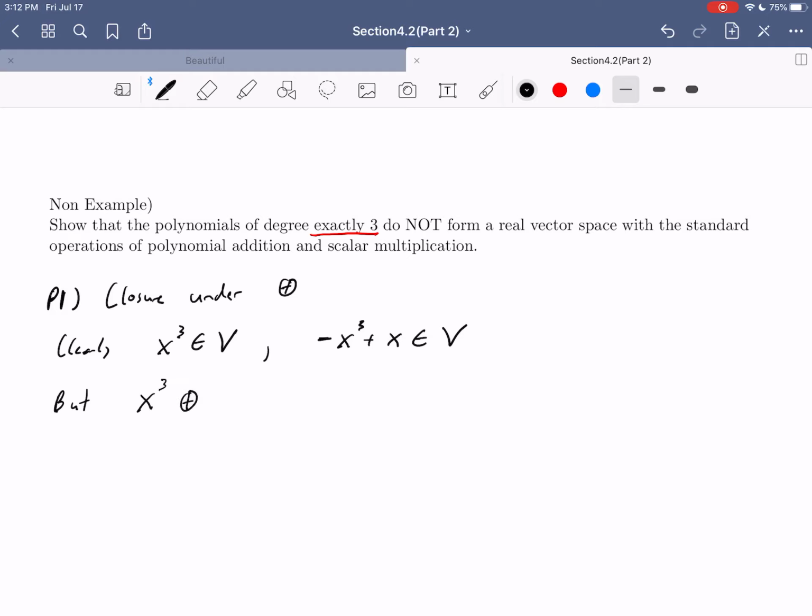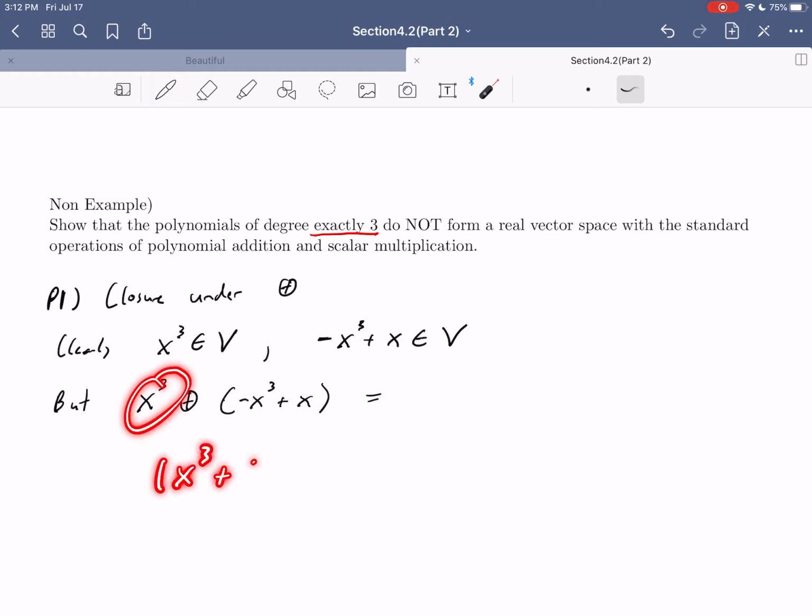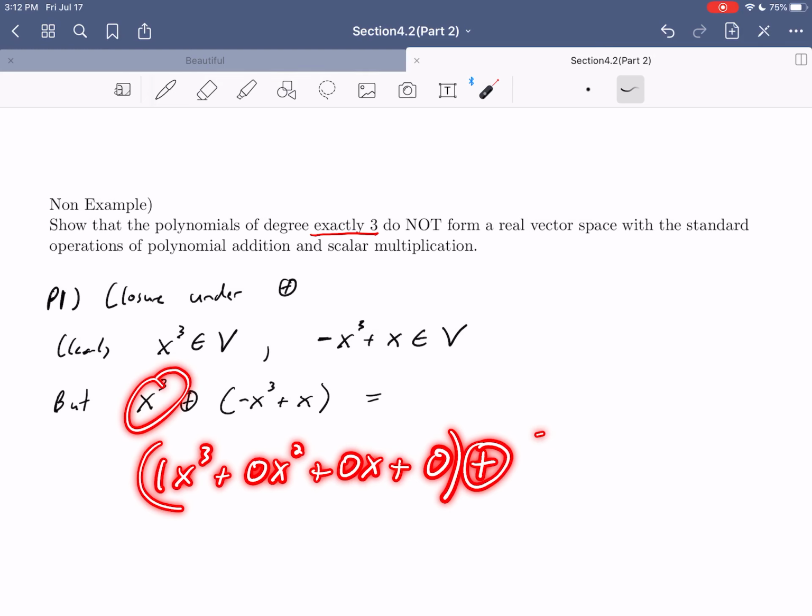But if we were to vector add those, x cubed, vector addition with negative x cubed plus x. Well, we know what would happen is that we'd be treating this one as 1x cubed plus 0x squared plus 0x plus 0, and then we'd be vector adding that to minus 1x cubed plus 0x squared plus 1x plus 0.